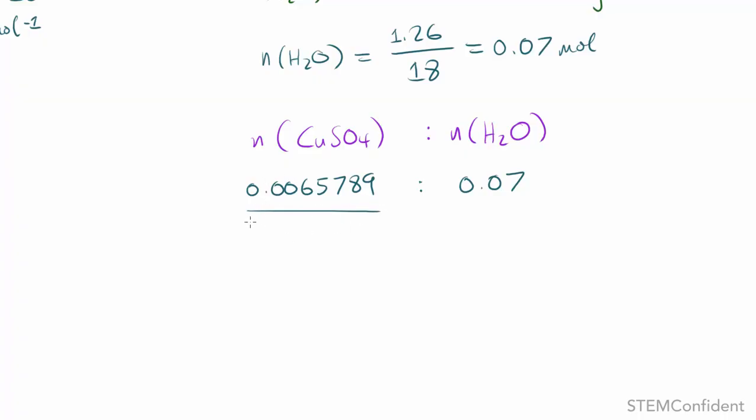So I'm going to divide this by 0.0065789. I'm going to do the same on the other side. So 0.07, I'm also going to divide by 0.0065789, because since it is a ratio, what we do on the left hand side we also need to do on the right hand side.